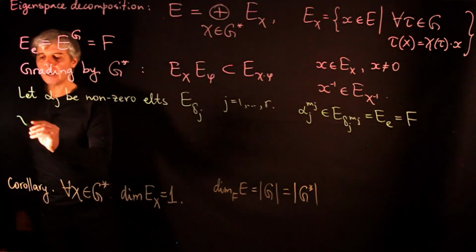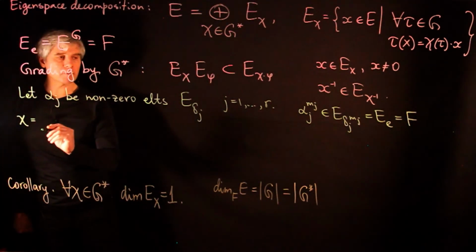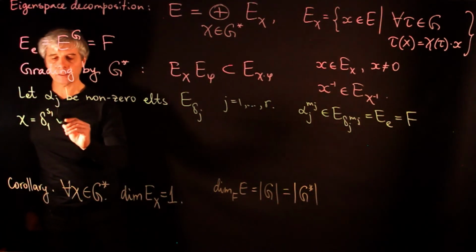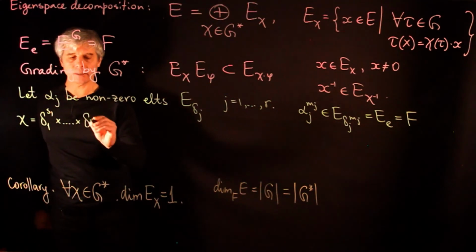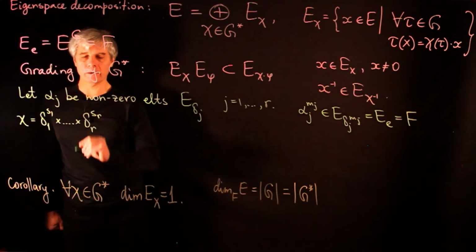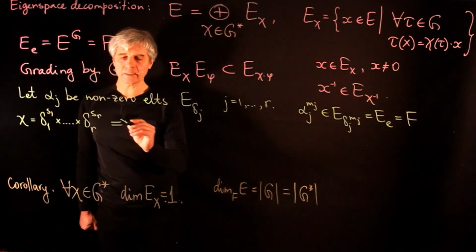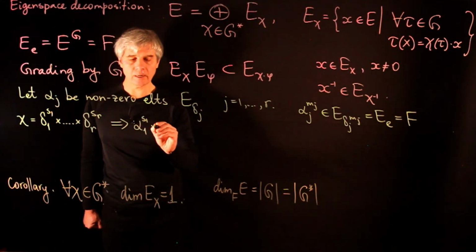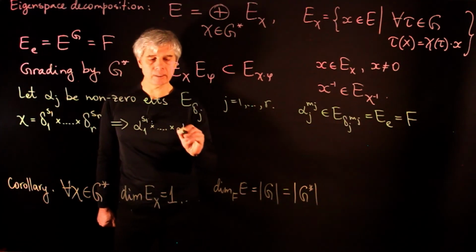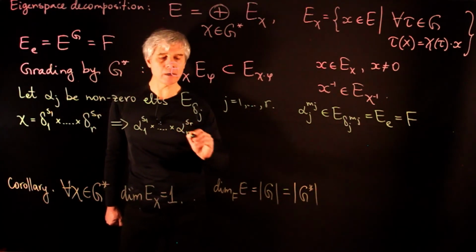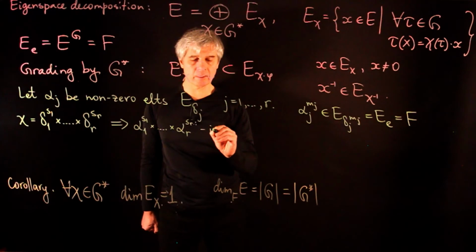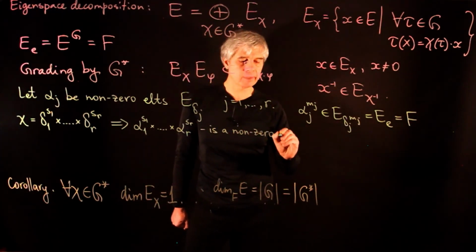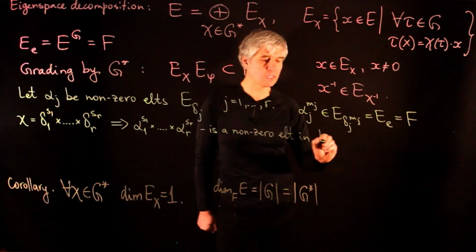So if we take an arbitrary character chi, we can write it as delta 1 to the power s1 times ... delta r to the power sr. Then this tells us that alpha 1 to the power s1 times ... alpha r to the power sr is a non-zero element in the component E chi.